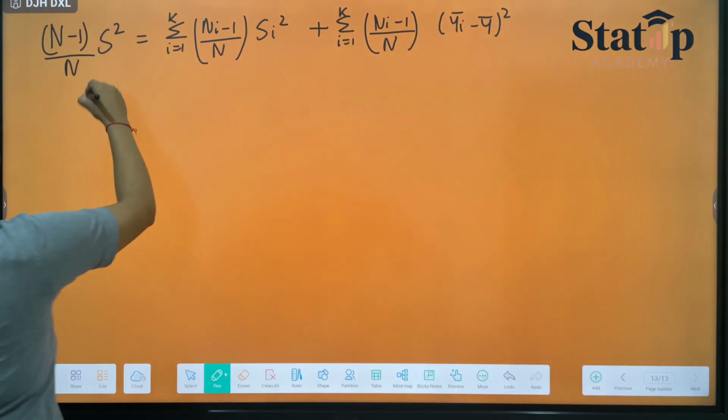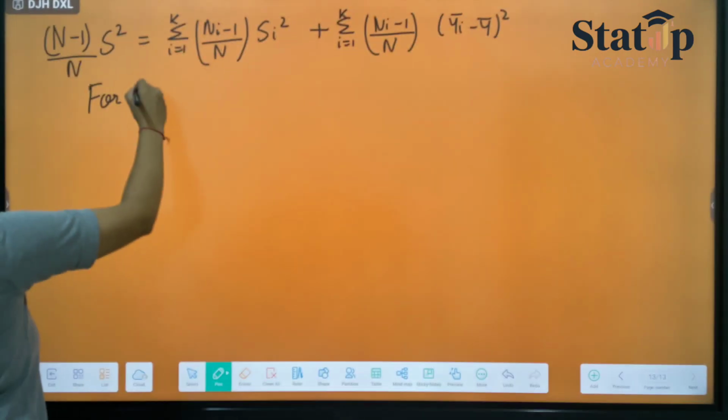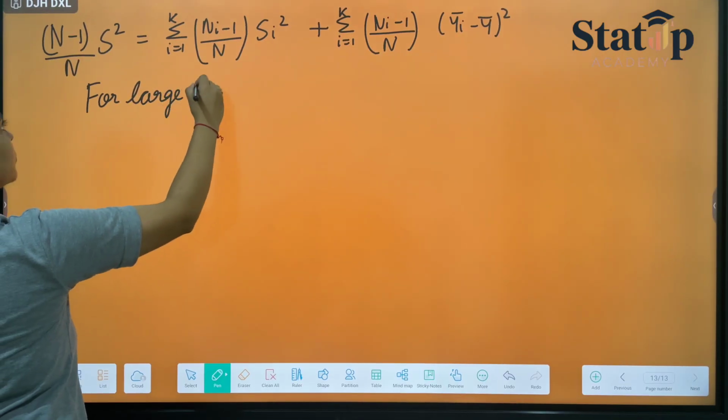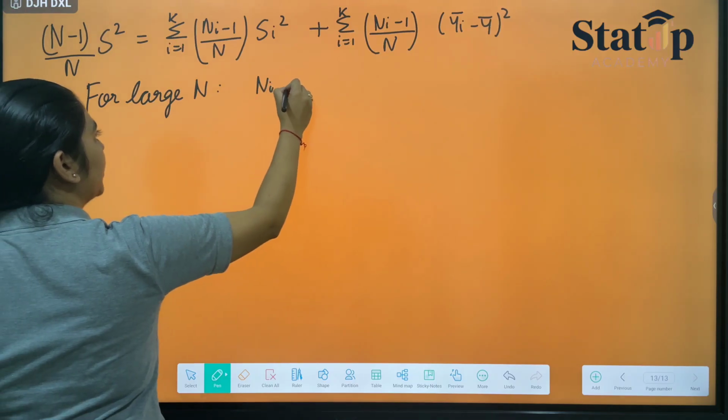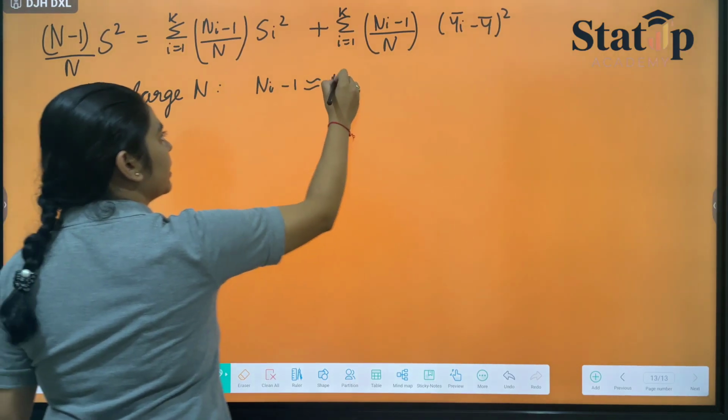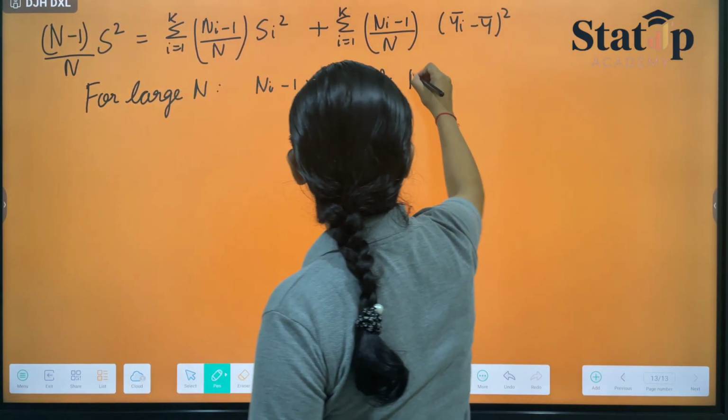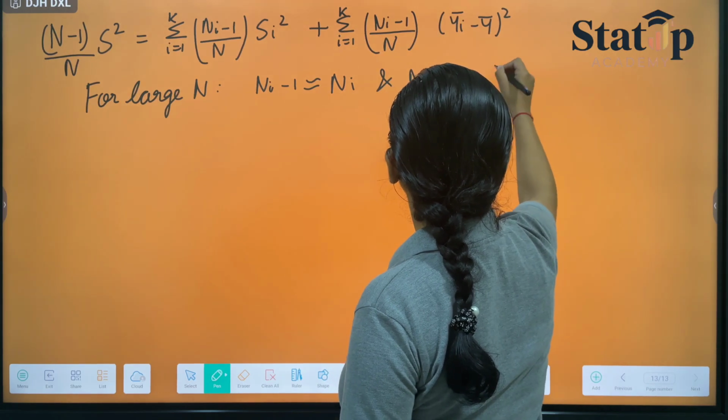Now for large n, ni minus 1 is almost equal to ni, and n minus 1 is almost equal to n.